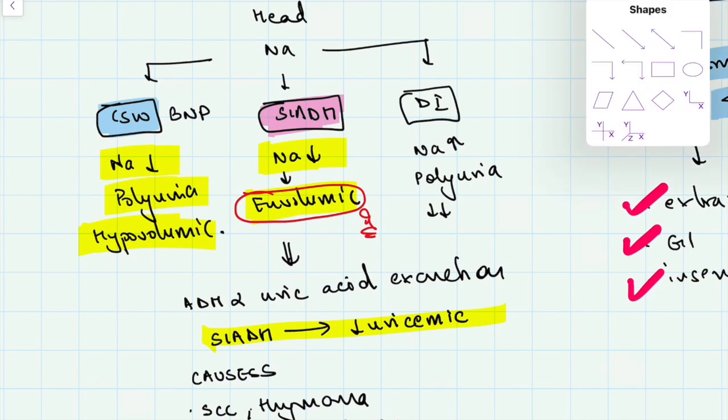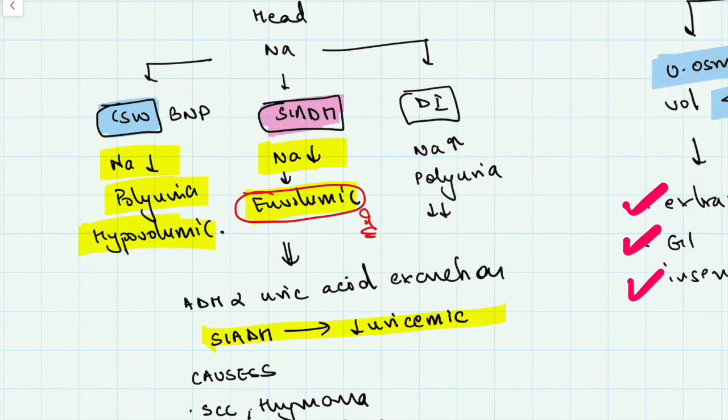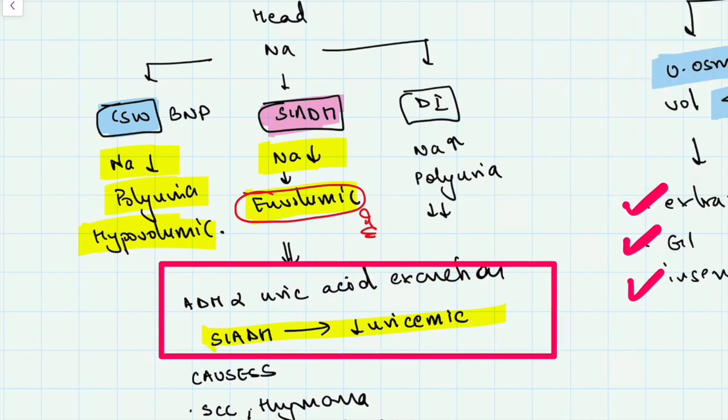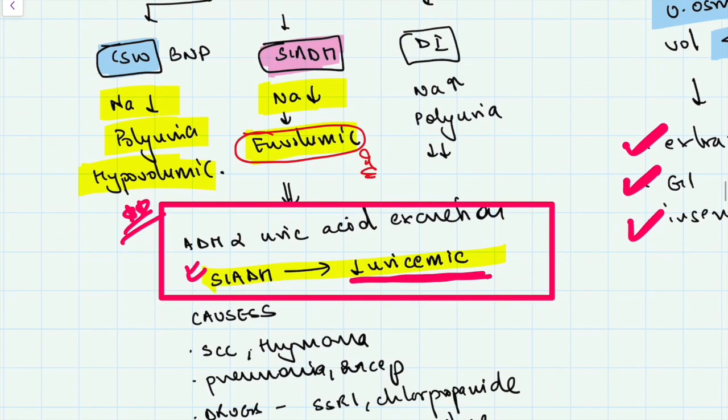One point that you can remember is that ADH is directly proportional to uric acid secretion. So in SIADH what happens is that there will be increased uric acid secretion leading to hypouricemia, right. This is just to remember.